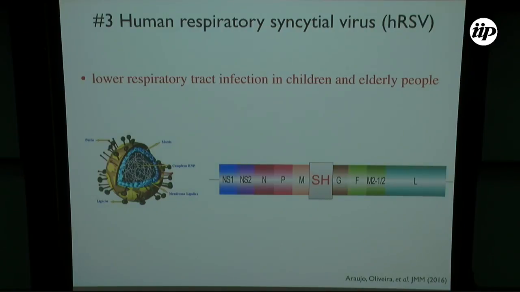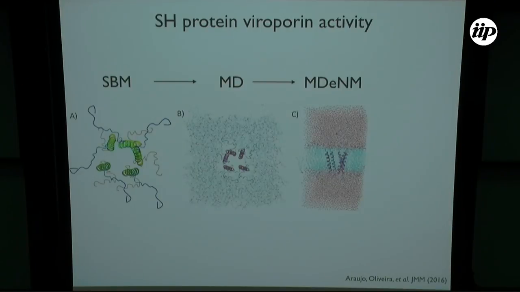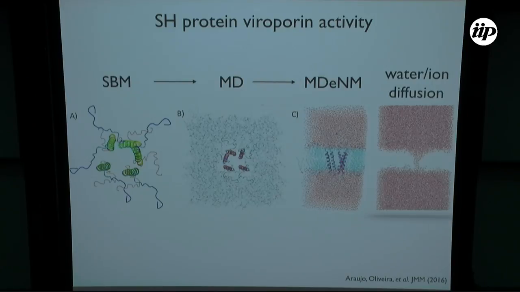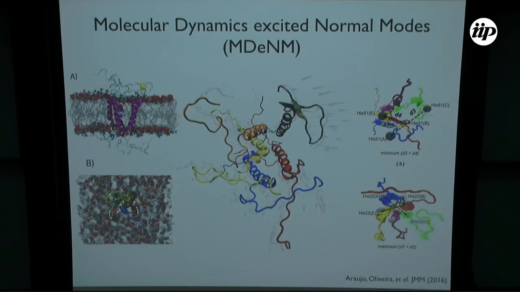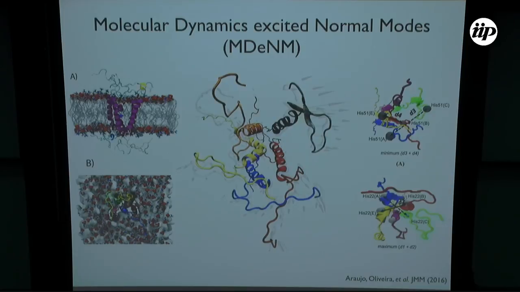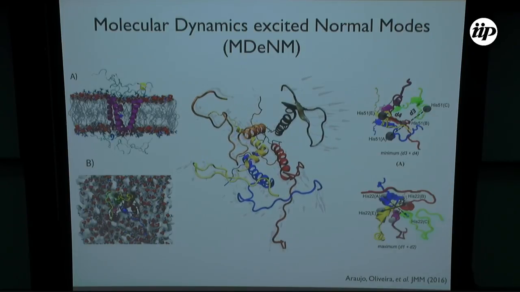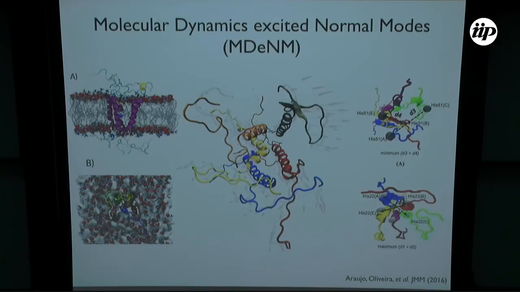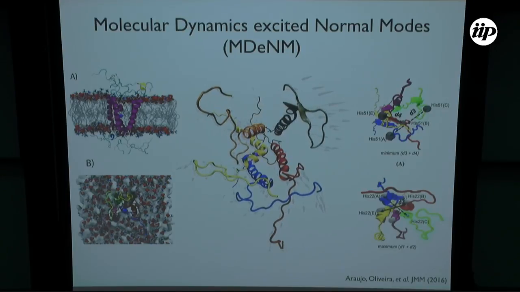We want to focus on the SH protein, where we model that membrane pore. Starting at the structure-based model and finishing at the excited thermodynamics, we modulate the water and ion diffusion through the channel, and we found that the histidines, which point to the pores, have a sort of dynamics that selects how the ion comes in and out.